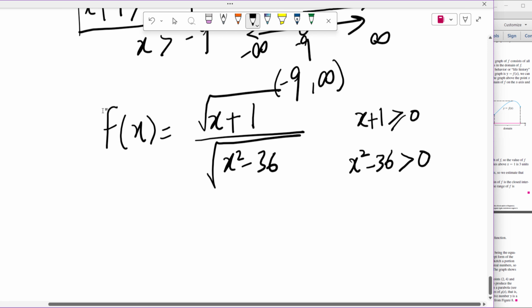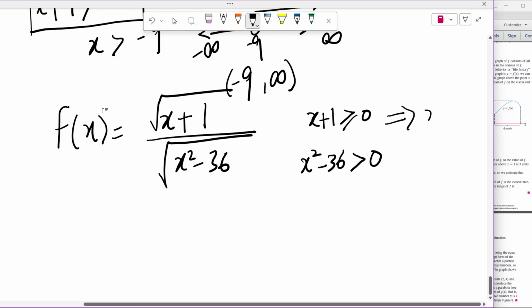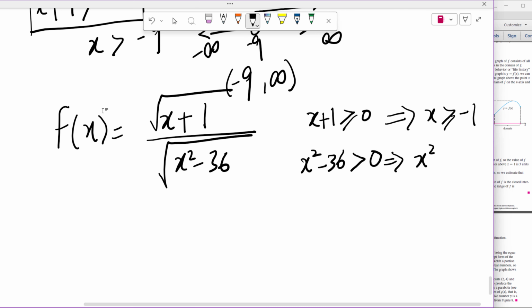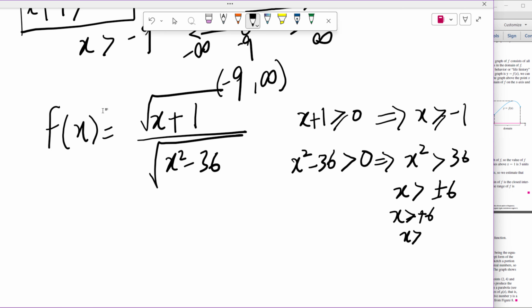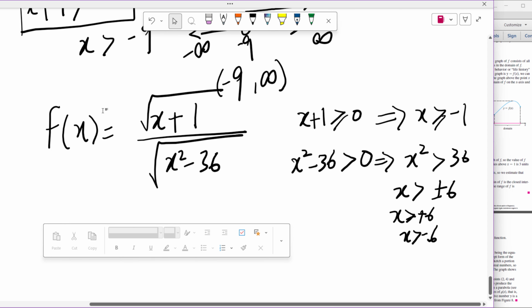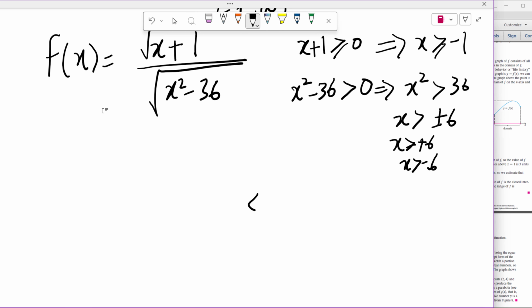So for this, x should be greater than or equal to minus 1. For this, x squared should be greater than 36. So x should be greater than plus or minus 6, or we can write x should be greater than plus 6 and x should be less than minus 6. So when we draw it on the number line, here is minus infinity, plus infinity.